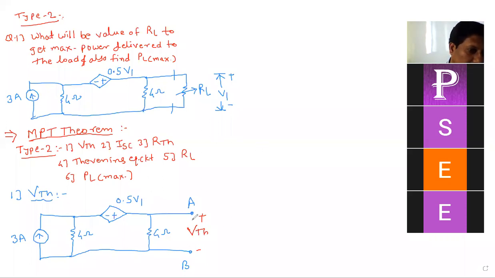VTH. येस, इथं जर VTH झाला, कारण ह्याच्या RL च्या अक्रॉस व्होल्टेज V1 आहे, मग RL काढलंय, RL च्या अक्रॉस आता VTH झाला, मग इथं चेंजेस झालं, तर इथं पण चेंजेस व्हायला पाहिजे. सो दिस बिकम्स VTH. बरेचशी मुलं काय करतात, इथं 0.5 V1 ठेवतात आणि इथं VTH ठेवतात, दे विल गेट कन्फ्युजन. Unnecessarily 2 unknowns will remain.